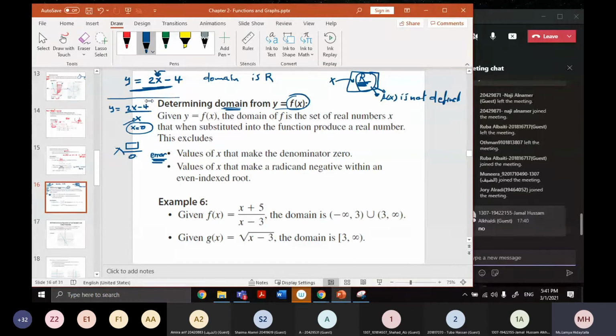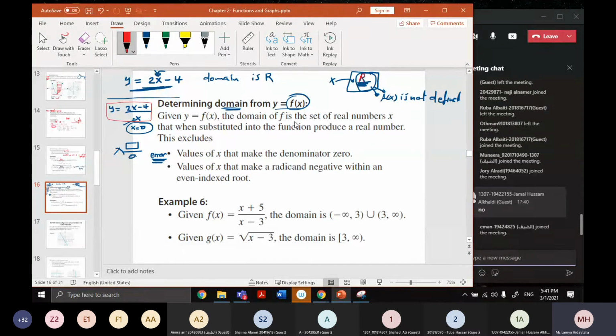If we have a function like this, what is the domain in this case? I will start by thinking about the whole real line. But in this case, when I substitute 0, the function is not going to be defined. So I have to take 0 out. So in this case, what is your domain?